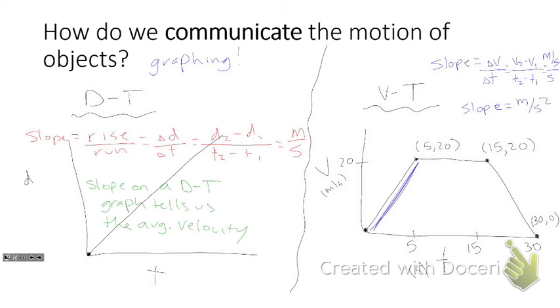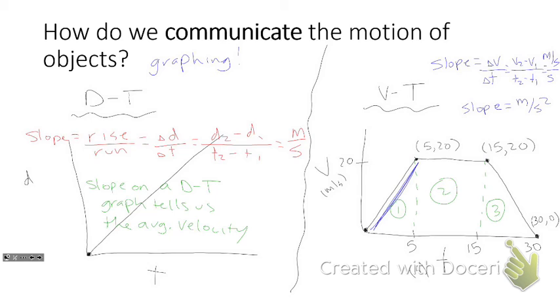Okay, so in this example here, if I wanted to find the total displacement, I would break this up into 3 shapes. 1, 2, 3. Area of triangle is equal to length times height divided by 2.